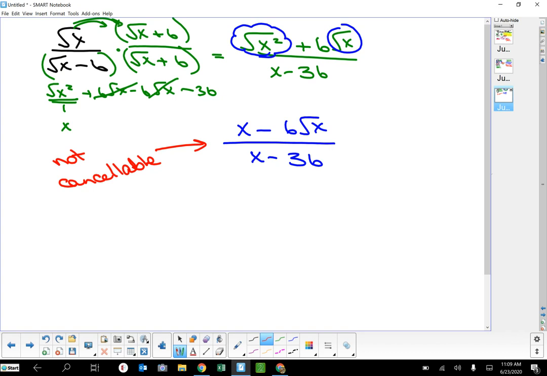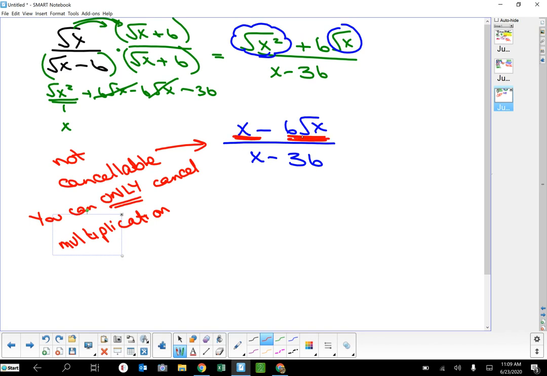And it's not cancelable because you can only cancel multiplication. And these are added and subtracted. Also, these are not like terms because this one's got a rad x on it and this one does not. So this is actually the answer to this.